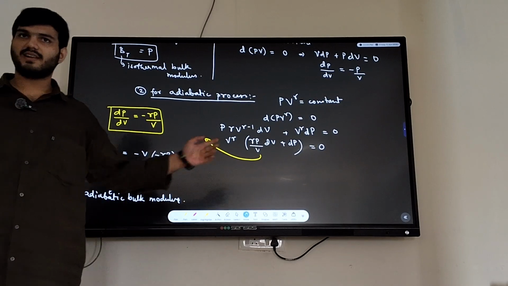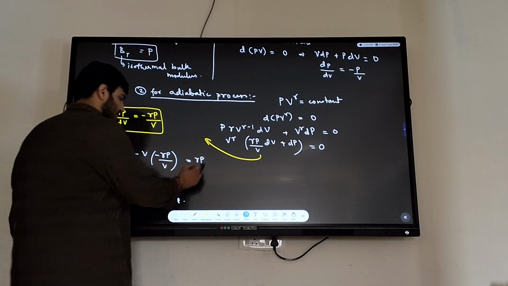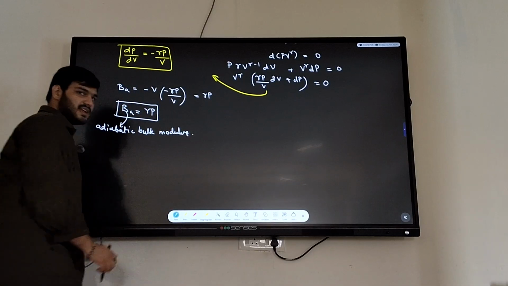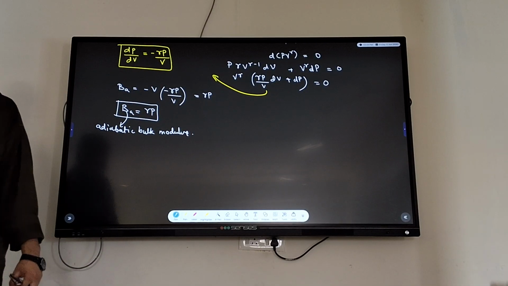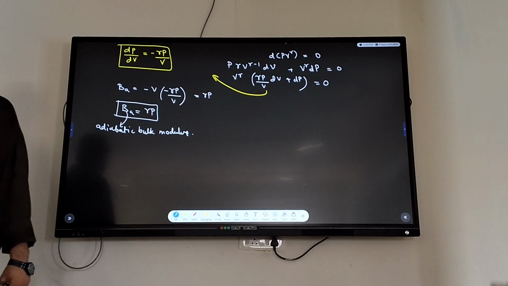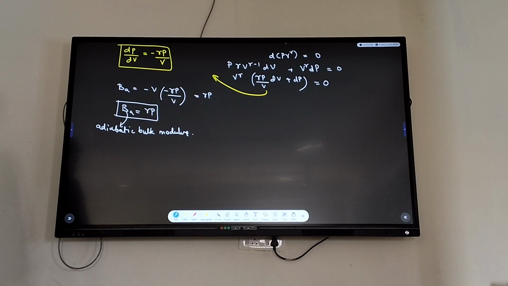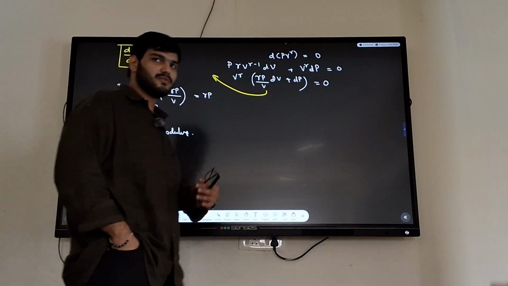If you are not sure, then let's try to do it for everything. Let's assume isobaric process. In an isobaric process, what's dP? Tell me, what is dP for an isobaric process? Wait, let's do it for all of them.